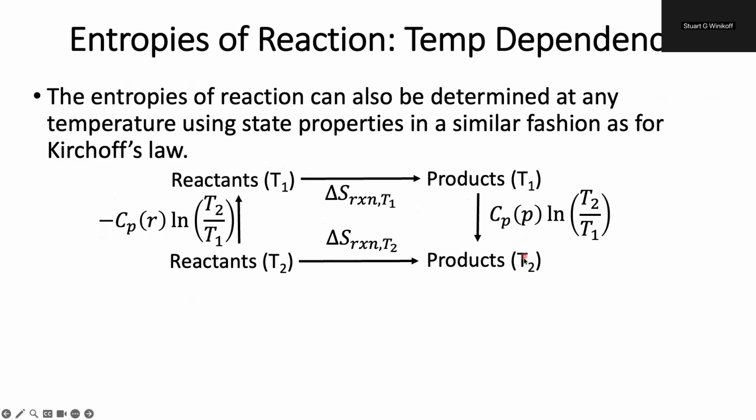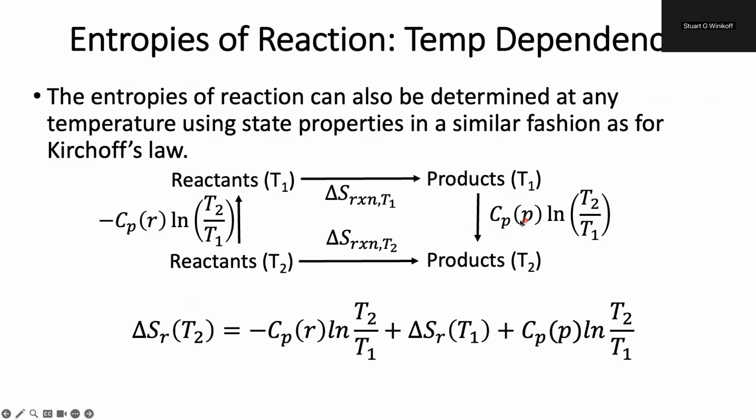If I'm going from T1 to T2, we have the straight option. Notice here on the left, this is going to be the heat capacity for my reactants, and on the right, the heat capacity for the products. Now I can put all of these together. Noticing here I've got my entropy of reaction at T1, so I'll pull that out front. And then notice I have the same temperature difference in both cases, so that means I can combine the heat capacities.